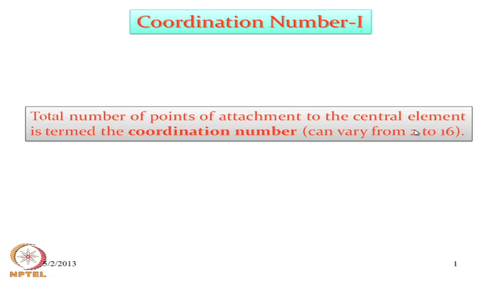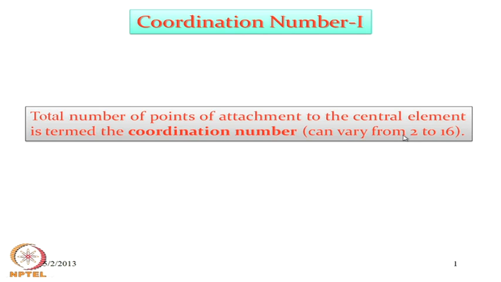If we have a huge and bulky ligand which can only allow one point of attachment, the number of points of attachment is important. If it allows only one point of attachment to the metal center, in that particular special case we can have only a coordination number of 1.